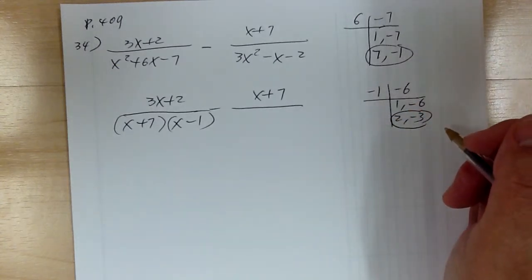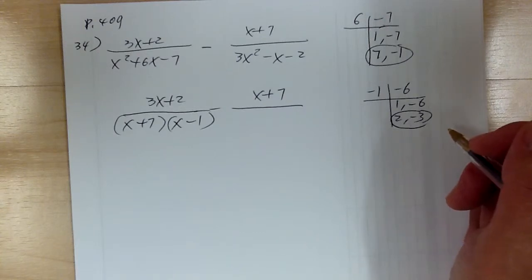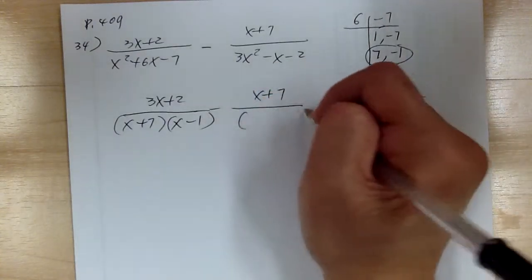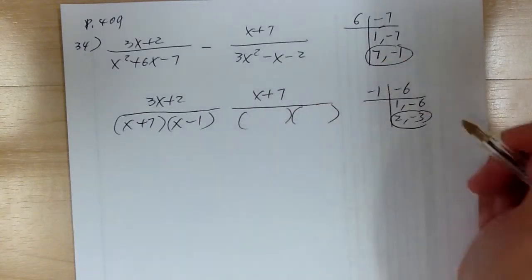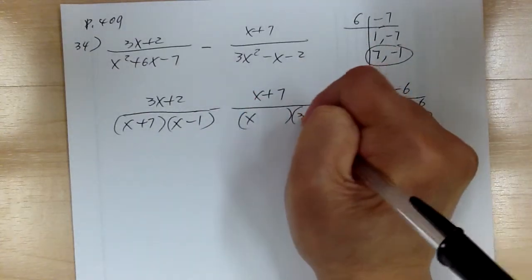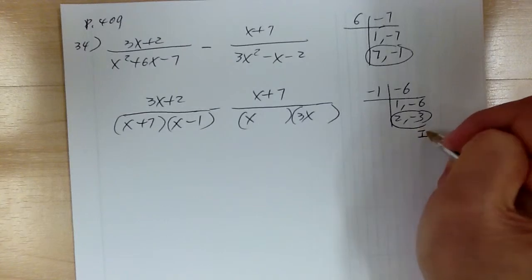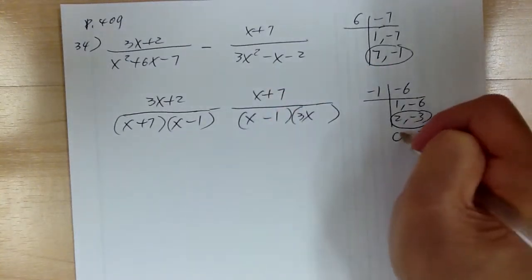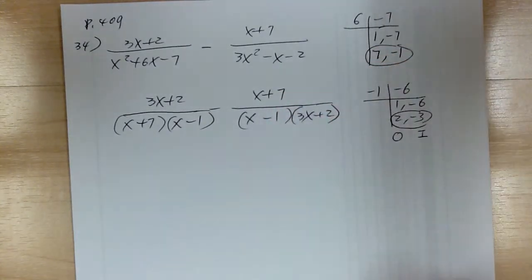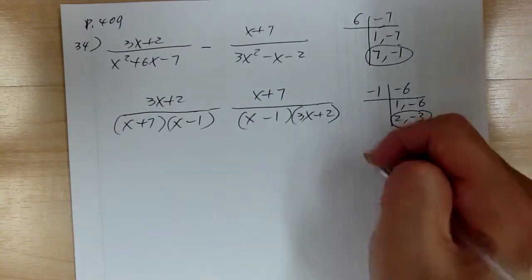Okay. Okay, so you're going to get x and 3x. So this would be the inside, so it would be minus 1. This would be the outside, so it would be plus 2. Okay, so now you can get your LCD.